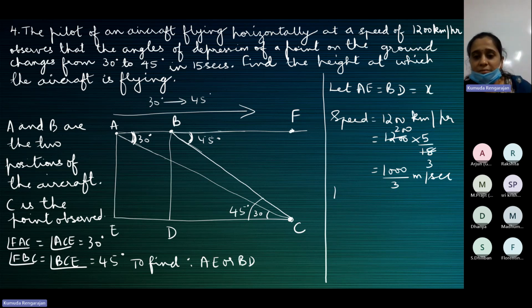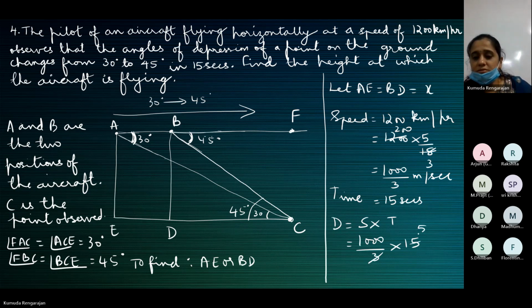All right, then the time is 15 seconds. Distance is equal to speed into time. So distance is equal to speed, which is this one, into time. So 5,000 meters. What is this 5,000 meters? The distance covered in 15 seconds is 5,000 meters. From A to reach B, the time taken is 15 seconds. Why? Because for the depression to change from 30 to 45, the distance covered is AB.